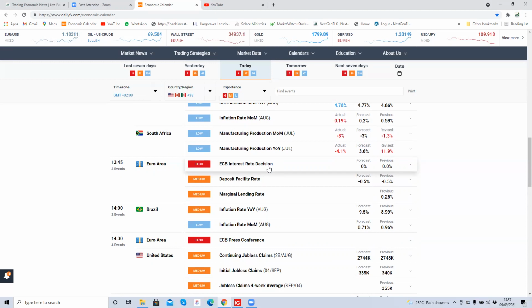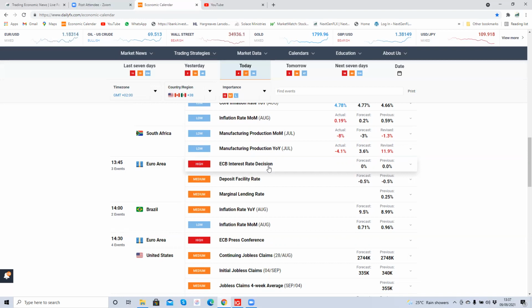And of course, any currency paired with the Euro. The Euro area being a huge economic bloc, this European Central Bank interest rate decision can also have an indirect impact on other global markets and other currencies. But it will have a direct impact on the European market and currencies paired with the Euro.